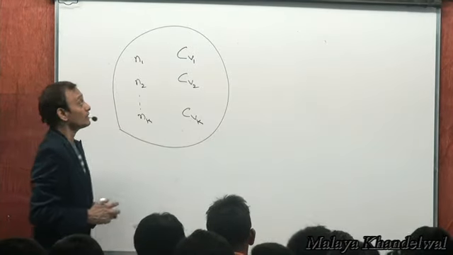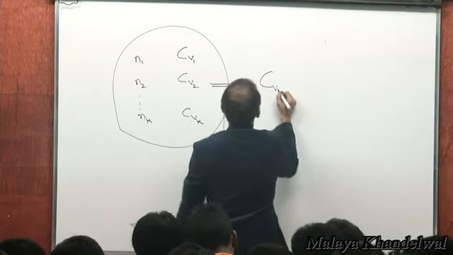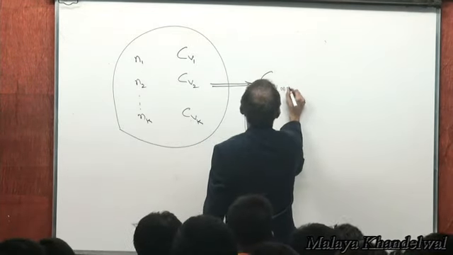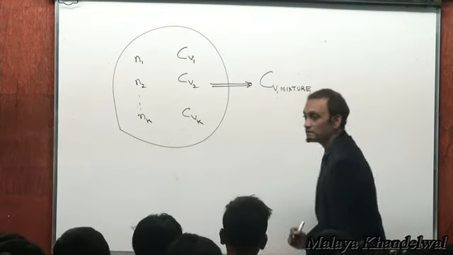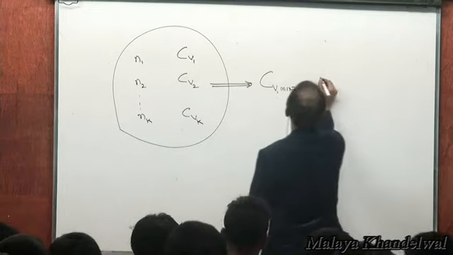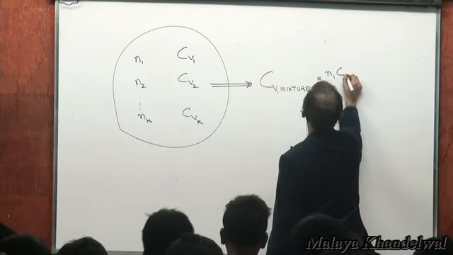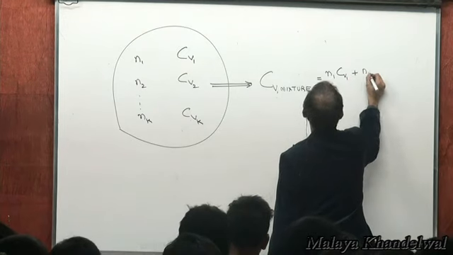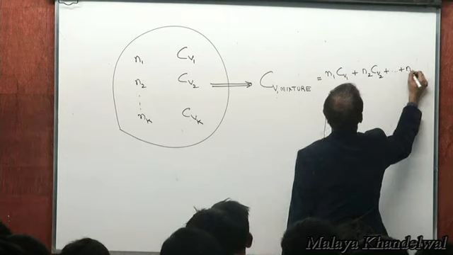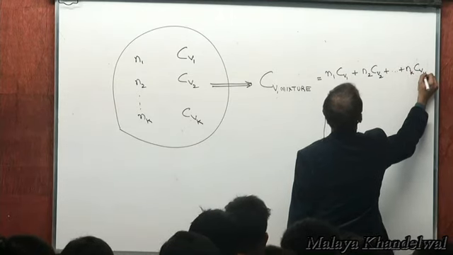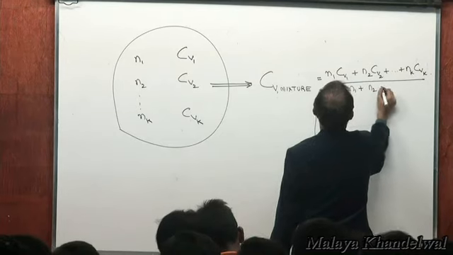The Cv of the mixture is given by the weighted mean of these Cvs: N1 Cv1 plus N2 Cv2 plus Nk Cvk divided by N1 plus N2 plus Nk.